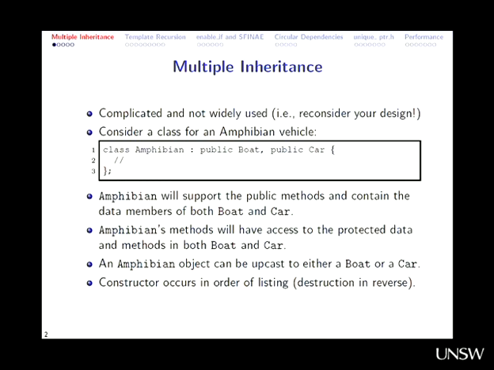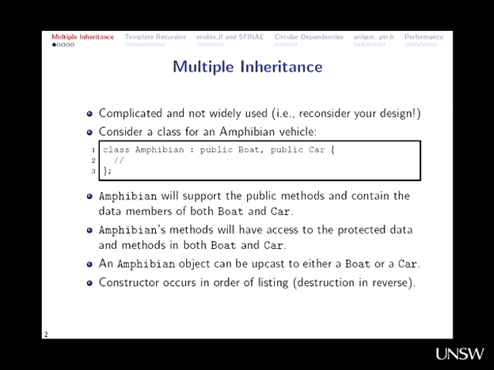Okay? And constructors occur in the order of listing. So when you call the amphibian constructor, the first thing it will do is call the boat's constructor, then the car's constructor, then the amphibian's constructor, in that particular order. And of course, destruction is in reverse.